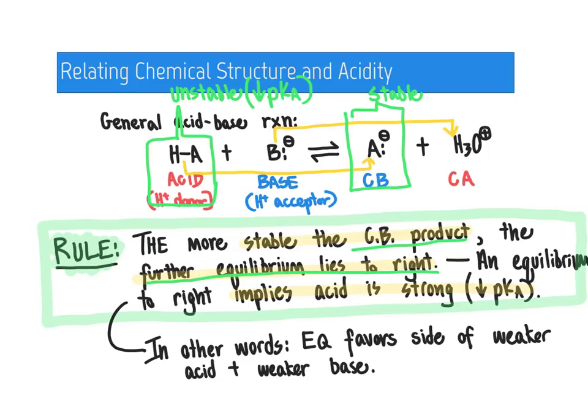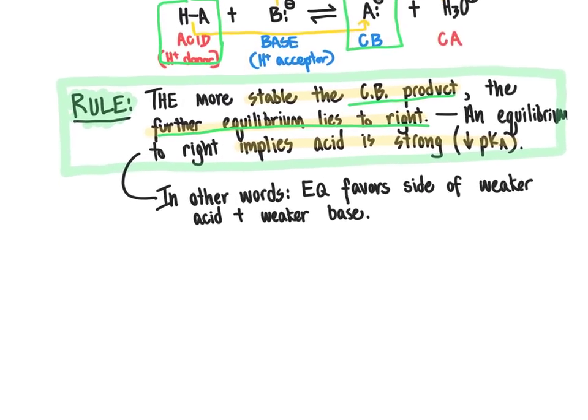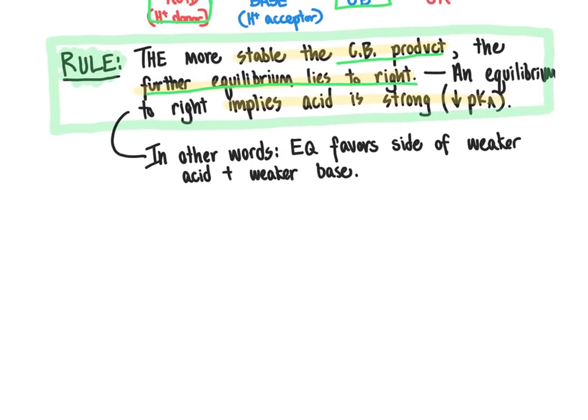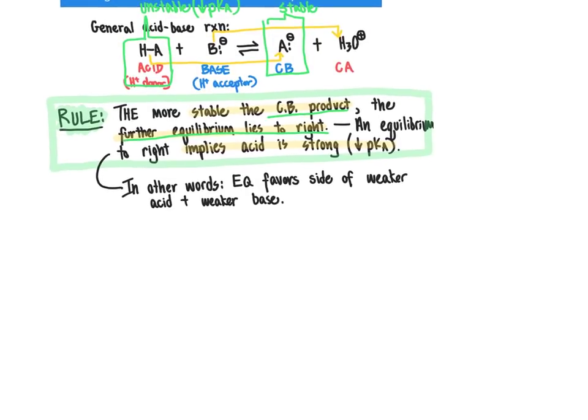We're going to go through a list now of factors that will stabilize conjugate bases, because our rule here is that the more stable the conjugate base, the further the equilibrium of the acid-base reaction will lie toward the side of the products. So we're going to answer the question here of what stabilizes the conjugate base.